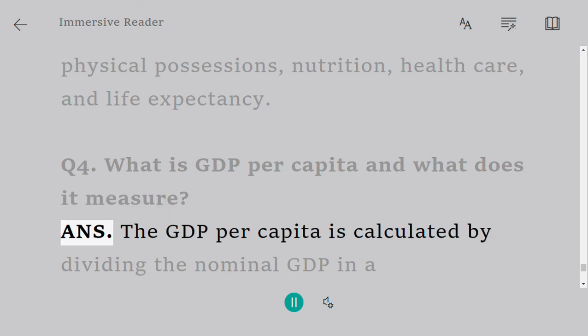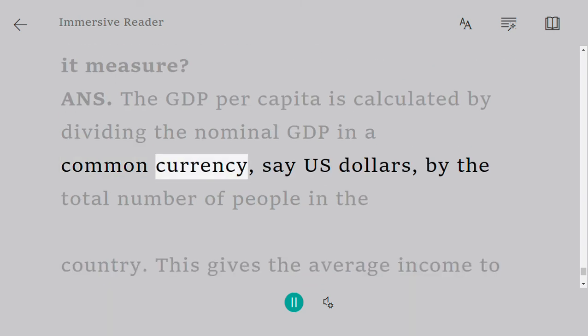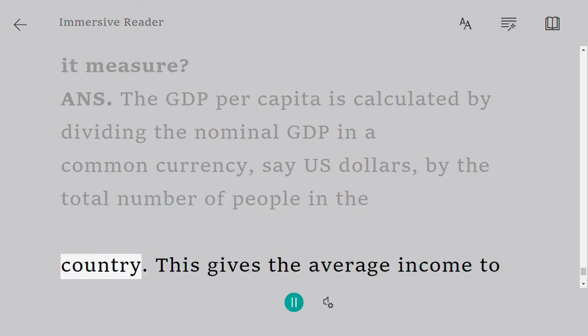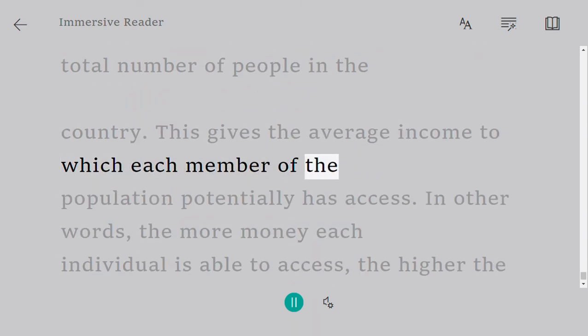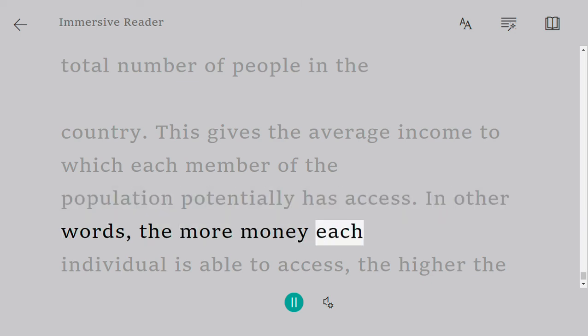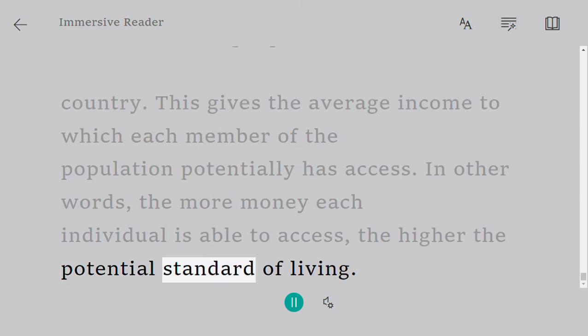Answer: The GDP per capita is calculated by dividing the nominal GDP in a common currency, say US dollars, by the total number of people in the country. This gives the average income to which each member of the population potentially has access. In other words, the more money each individual is able to access, the higher the potential standard of living.